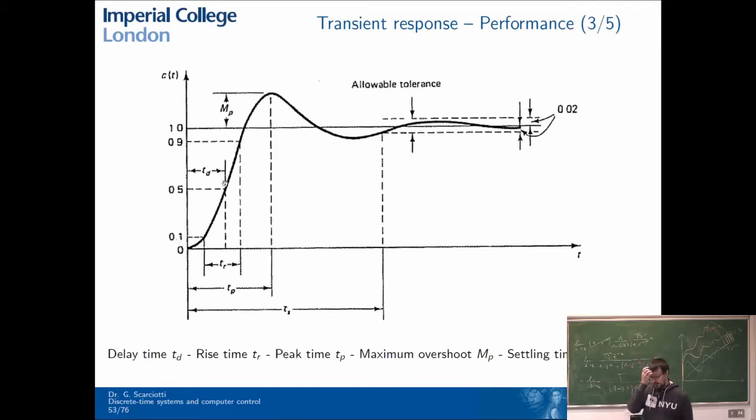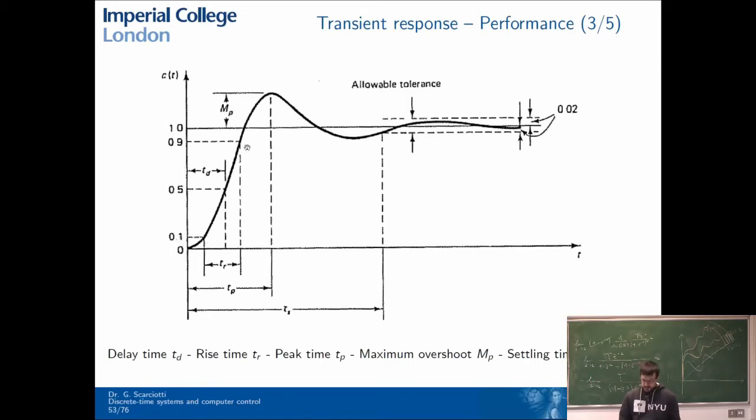So the delay time is telling you basically how fast your system is to grow towards the value that you want to reach. Another measure of how fast your system is, is the rise time. The rise time is defined as the time required to rise from 10% to 90% of the final value.